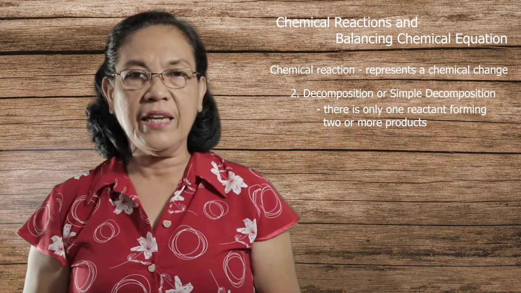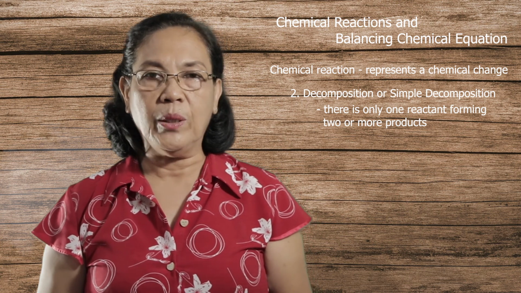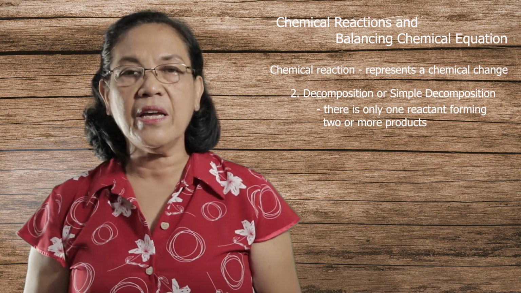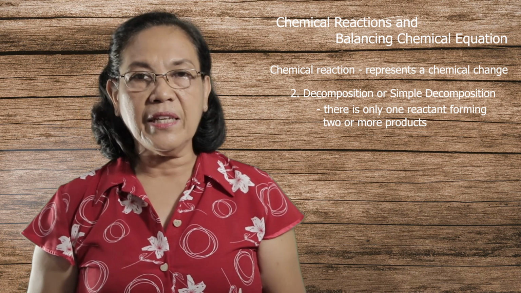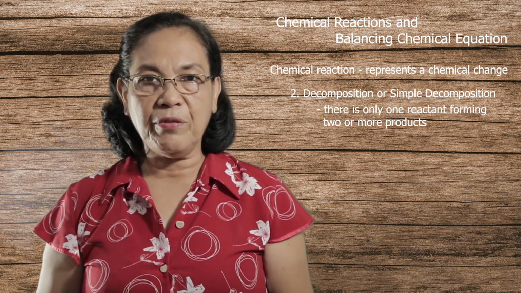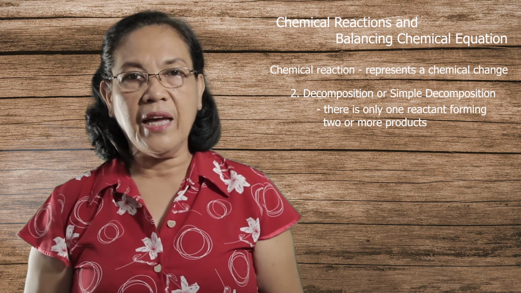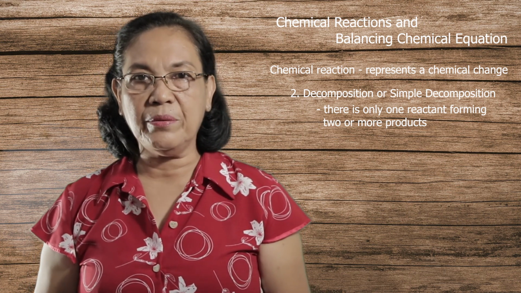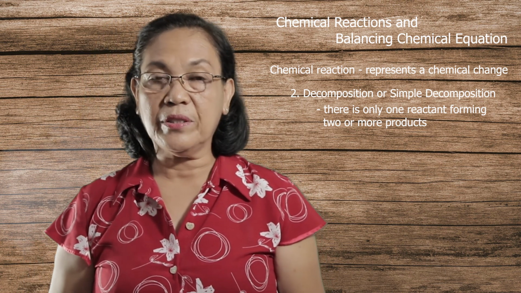Now, what is this electrolysis? Electrolysis is a method of decomposing a substance using an electric current. That means if you want to decompose a substance by electrolysis, you let an electric current pass through the substance. For example, the water.